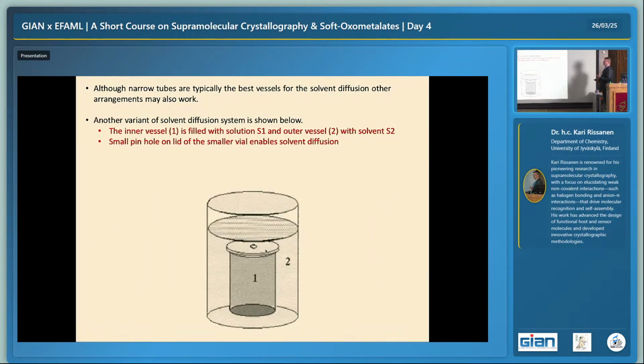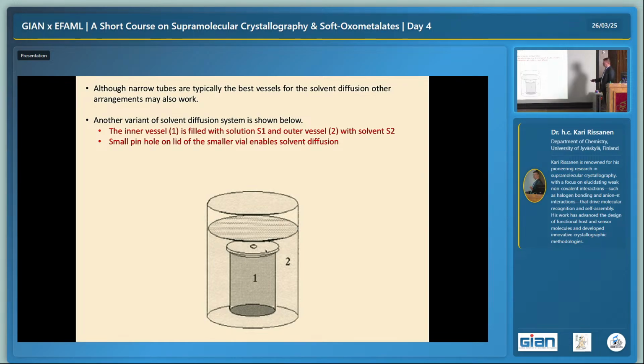This is another version of the same thing. The idea is that you place your molecule in a solvent, like solvent number 1 here, and then you close it with a cork with a small hole. And then you immerse the whole thing into another solvent in a closed vessel.